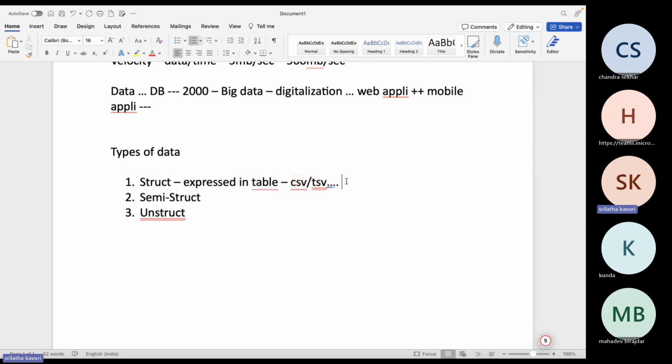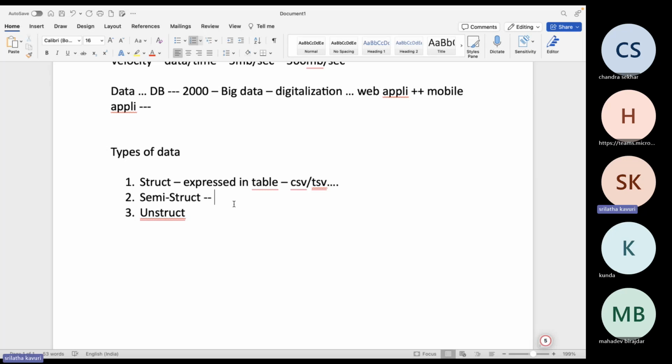You can think of an Excel sheet. If you look at its name, sometimes it will be data.csv or data.tsv, comma separated value or tab separated value. That is the format of the file. These format files fall under the structured data category.